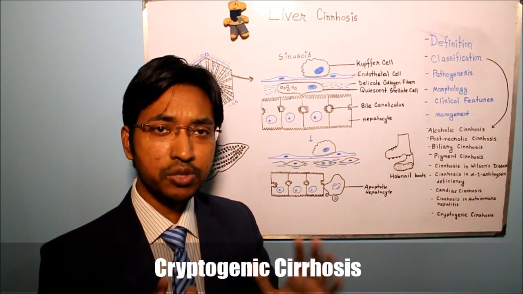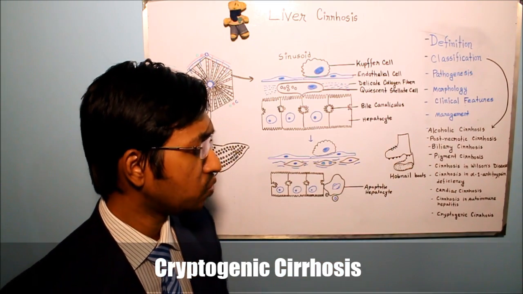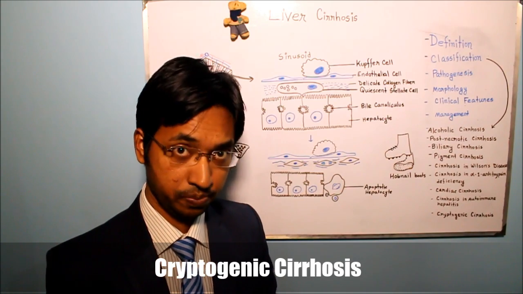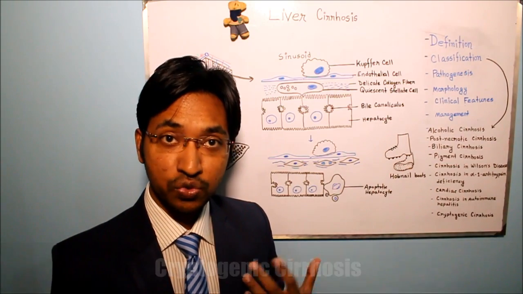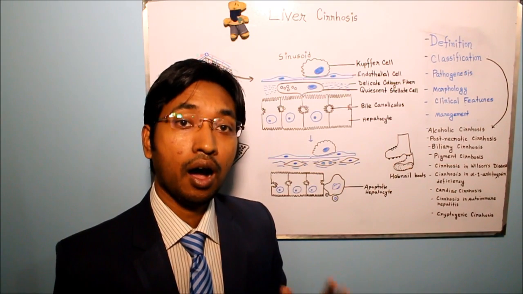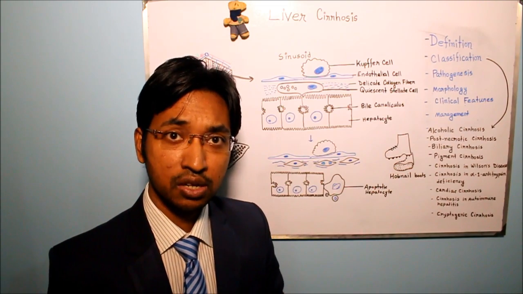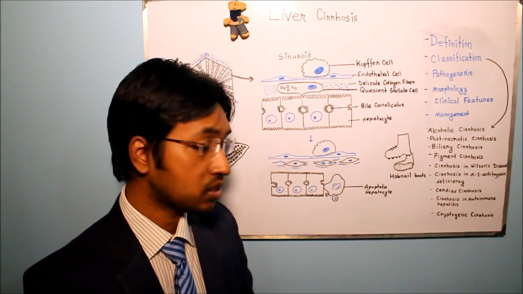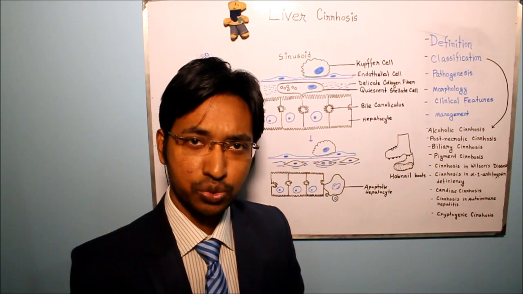The word crypto means concealed. So in this type of liver cirrhosis, we do not know the exact cause. When all the possible causes of liver cirrhosis are excluded and we have not found any cause for the underlying liver cirrhosis, that is placed under this group, and that is cryptogenic liver cirrhosis.